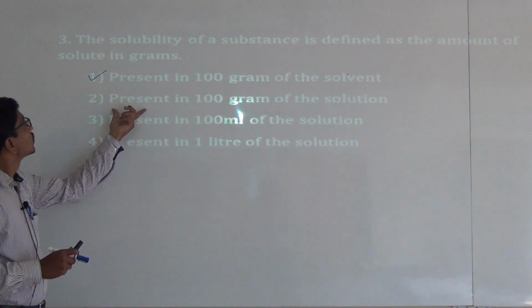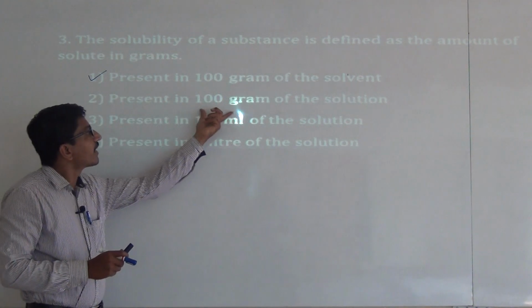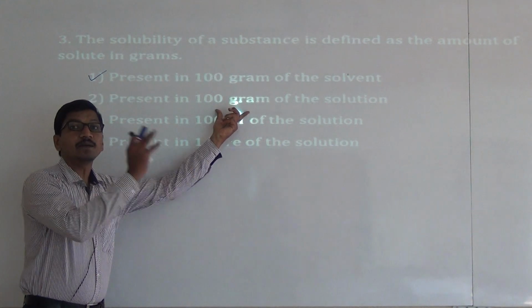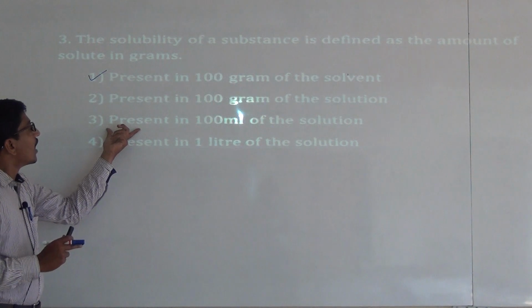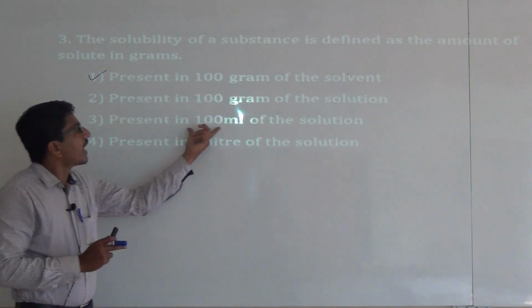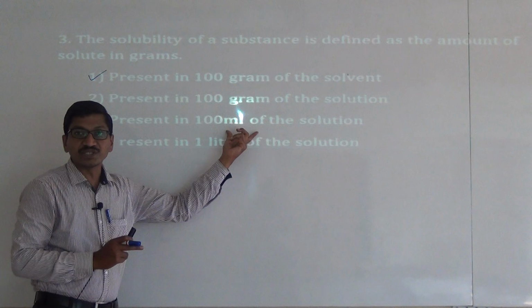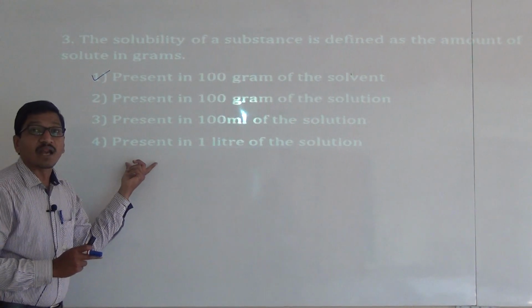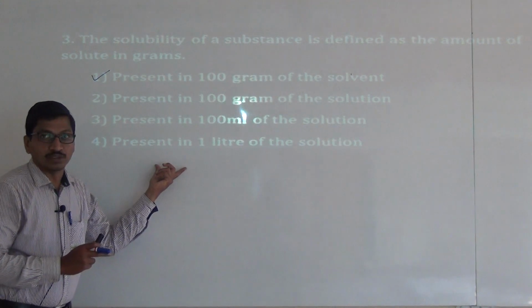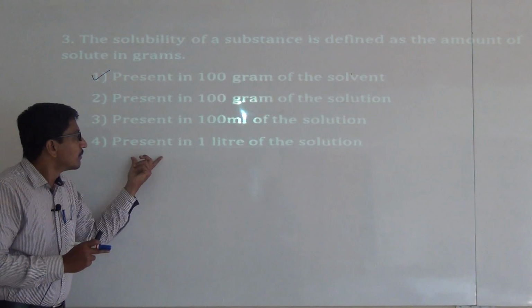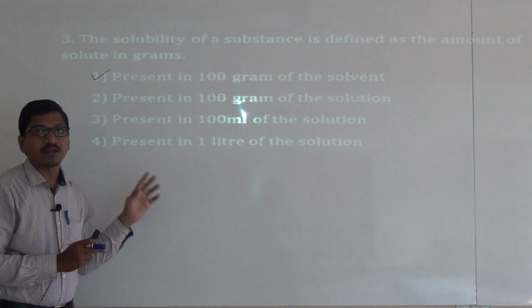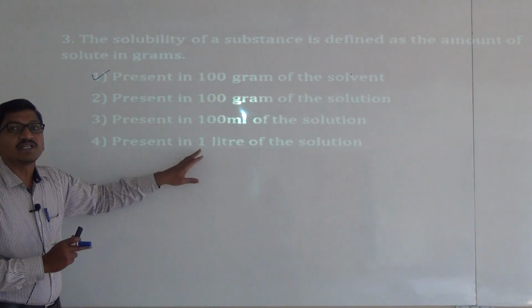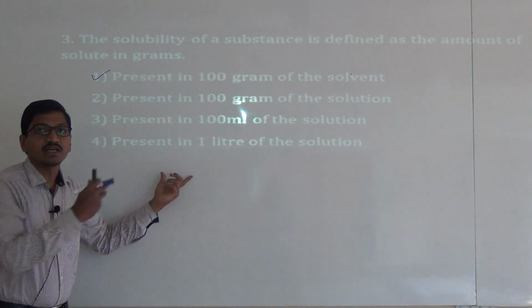The amount of solute in grams present in 100 gram of the solution represents the weight by weight percentage, and amount of solute in grams present in 100 ml of the solution represents mass by volume percentage. The last one is gram per liter: the amount of solute in grams present in 1 liter of the solution, that is nothing but strength of the solution represented in gram per liter.